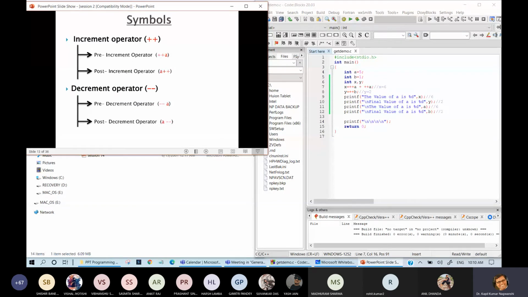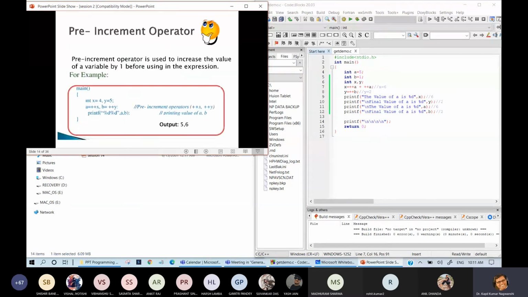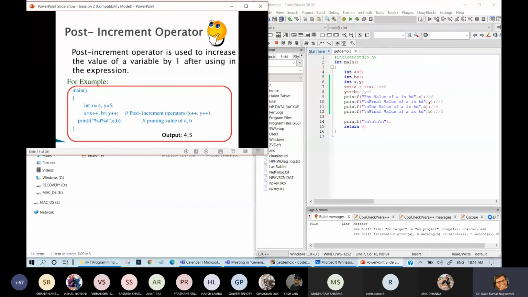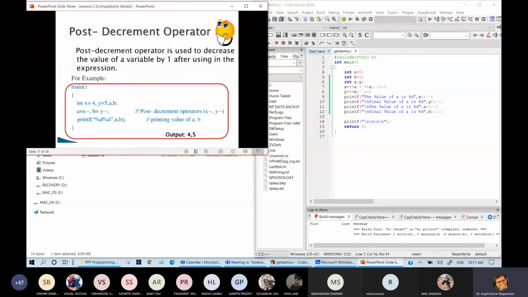Pre-increment operator is before the operand, and post increment operator is after the operand. Likewise, increment and decrement work in the same fashion. This is one example of pre-increment, and this is an example of post increment. All these examples except decrement we have not shown, so you can do it by yourself.